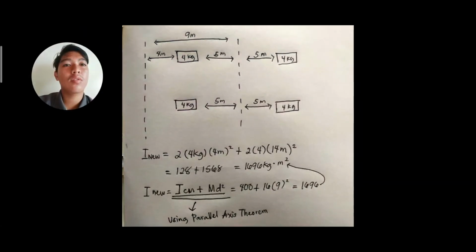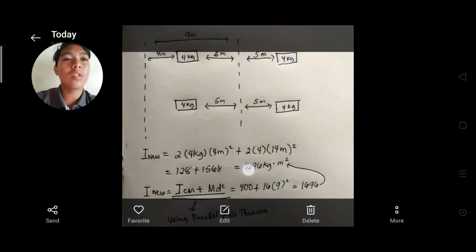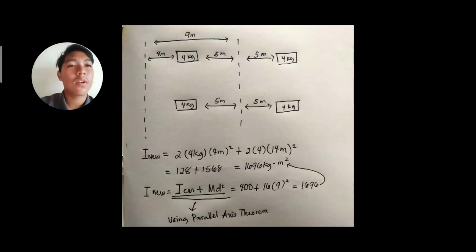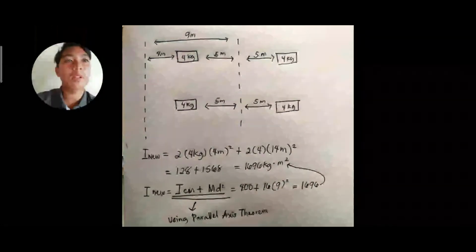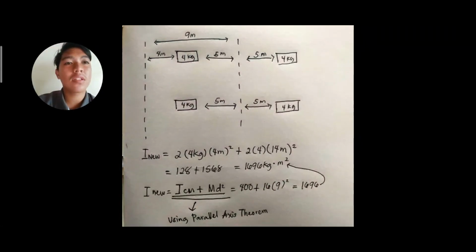So we will try to use the parallel axis theorem. I new is equal to I center of mass, the old one, plus m d squared, equals 400, the old inertia, plus 4 plus 4 plus 4 plus 4, the blocks, times 9, the distance squared, equals 1696.